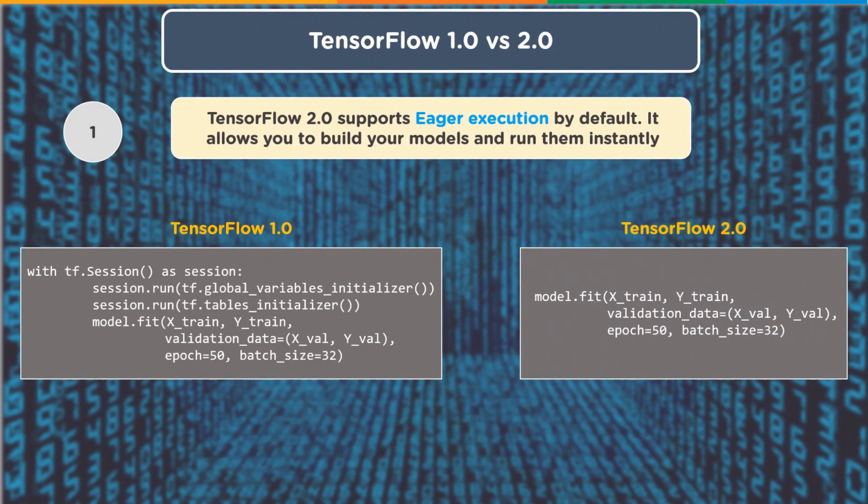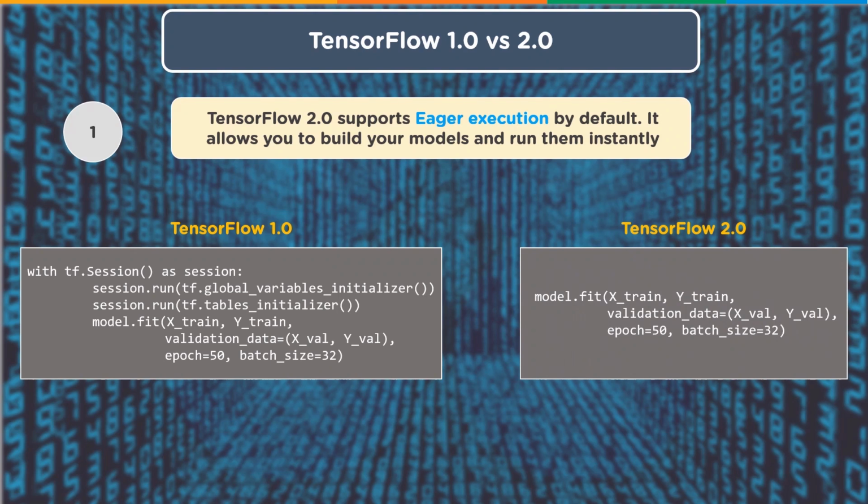So when we start talking about TensorFlow 1.0 versus 2.0, I guess you would need to know this for a legacy programming job if you're pulling apart somebody else's code. The first thing is that TensorFlow 2.0 supports eager execution by default. It allows you to build your models and run them instantly. And you can see here from TensorFlow 1 to TensorFlow 2, we have almost double the code to do the same thing.